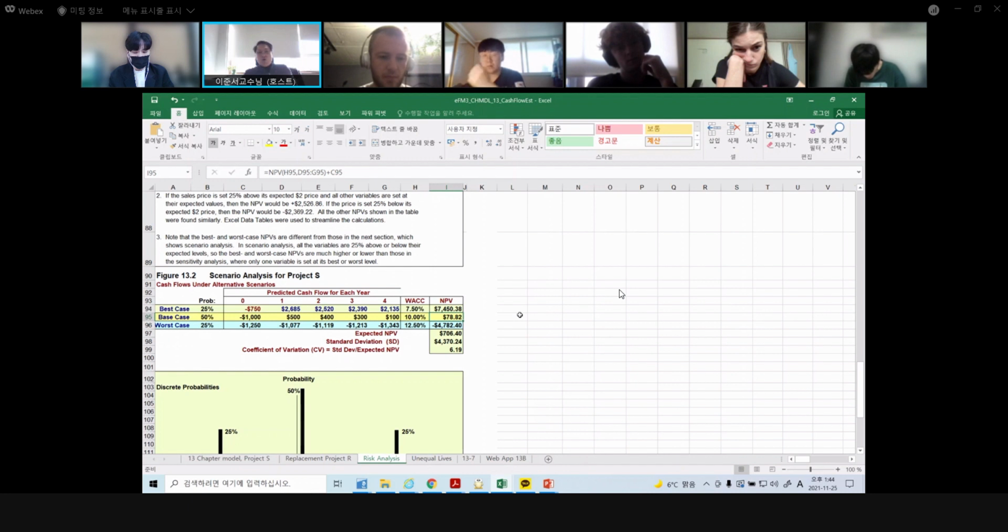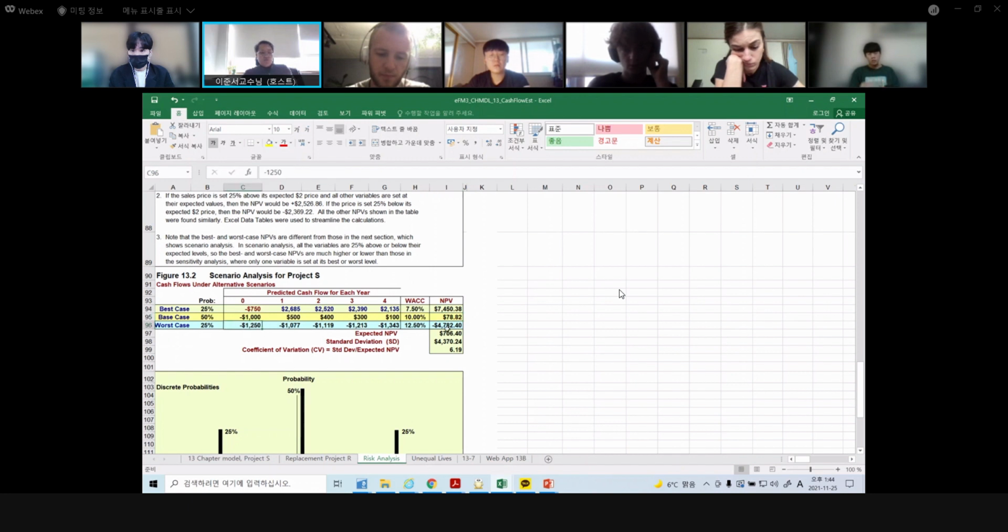So if all of the variables change simultaneously in the positive way by as much as 25% from our original assumption, net present value goes up about 100 times our expectation.